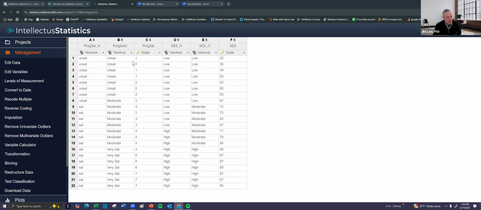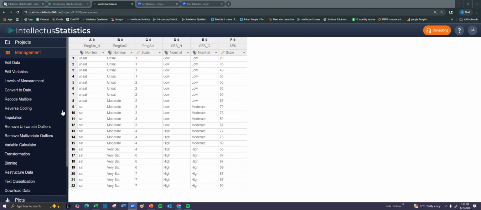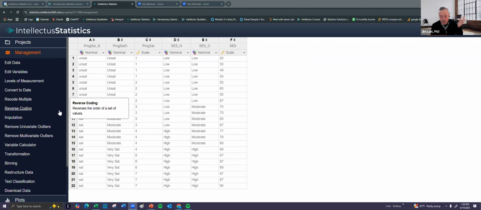Despite what these say, this may be right, this may be wrong. What level of measurement is this program satisfaction? Just satisfied or unsatisfied? You could enter your answers in the chat, or just think it out loud. Because if you're getting the wrong answer, then I need to go back.